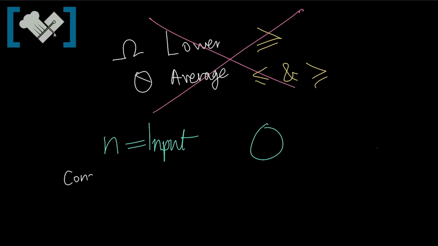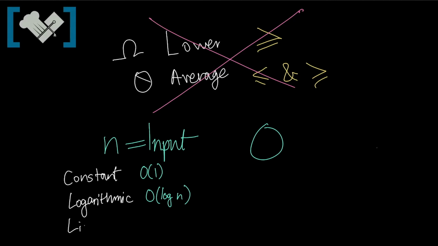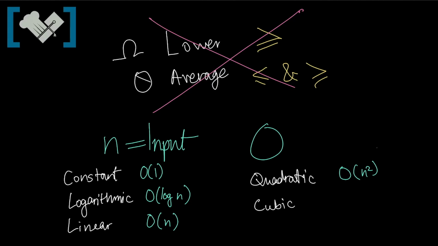We can call constant functions Big O of 1, logarithmic functions Big O of log of n, linear functions Big O of n, quadratic functions Big O of n squared, cubic functions Big O of n cubed, and so on.